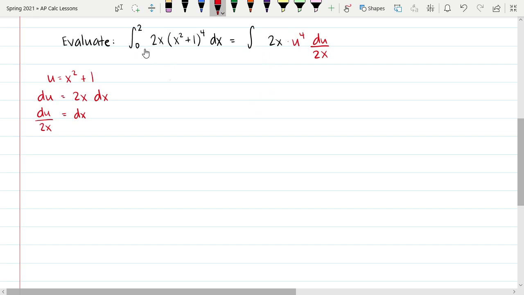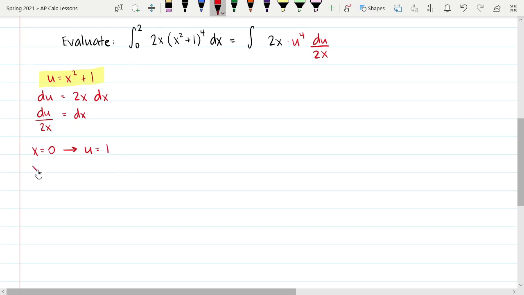Now, remember, that means we have to somehow translate from an x value to a u value. But that's exactly what that first definition of u does. It tells us how to find u in terms of x. So if my lower limit is 0 when x is 0, then u is going to be 0 squared plus 1, which is 1.